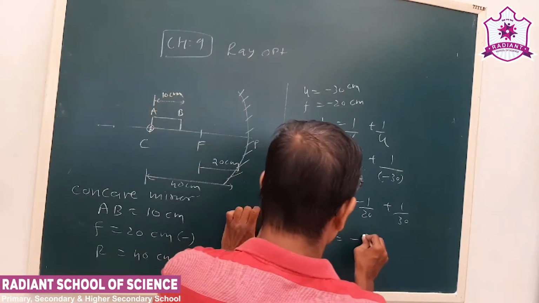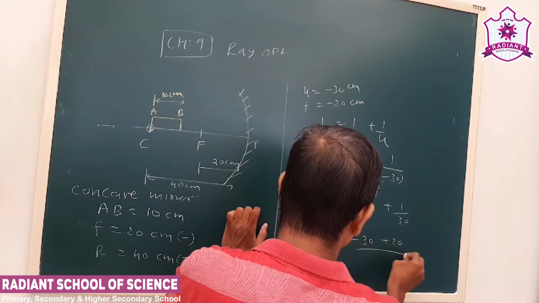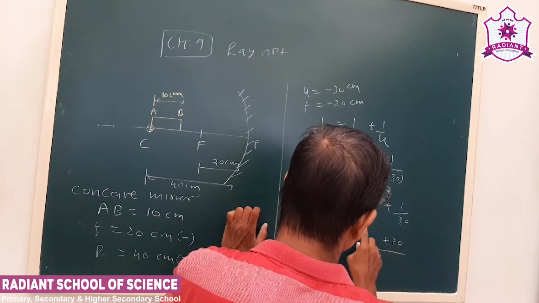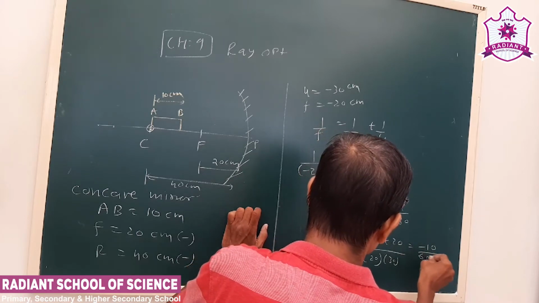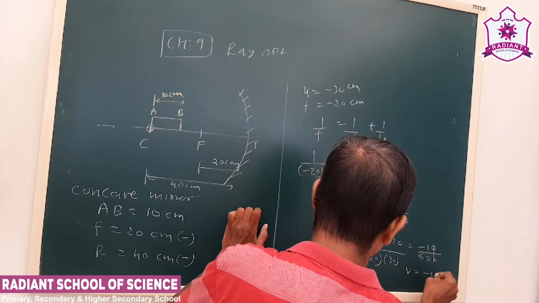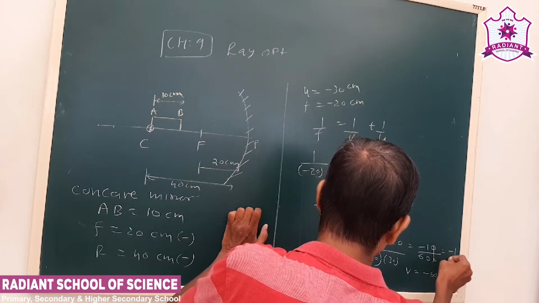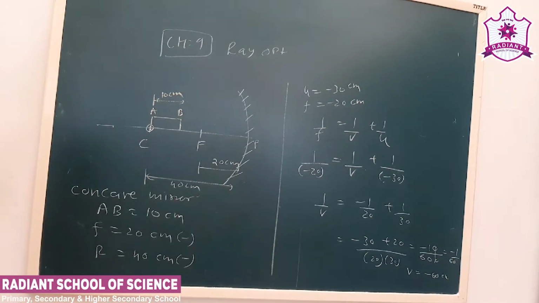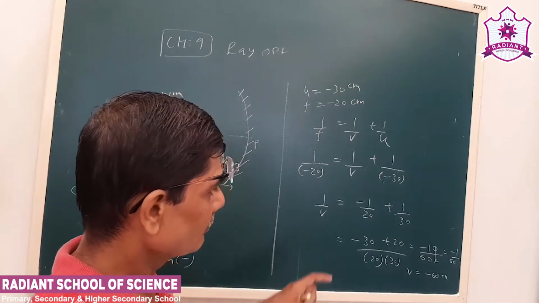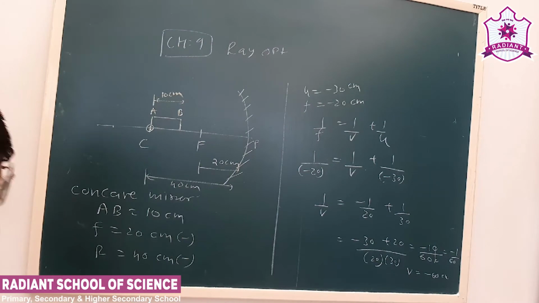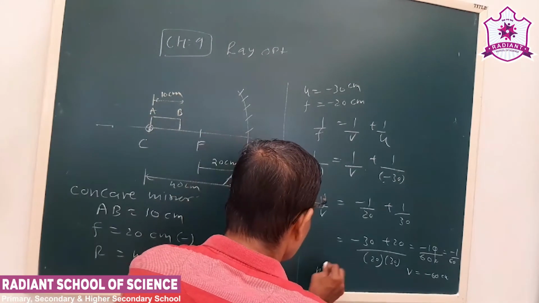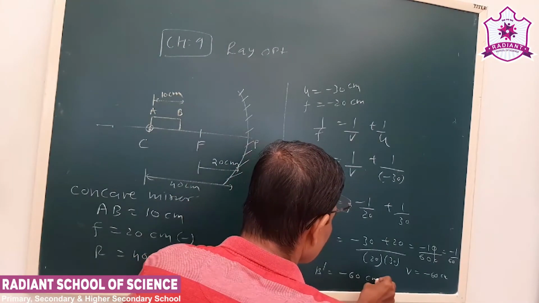So we can say minus 30 plus 20 upon... So we obtain v as 60 centimeter. Okay, now see B dash will be minus 60 centimeter.